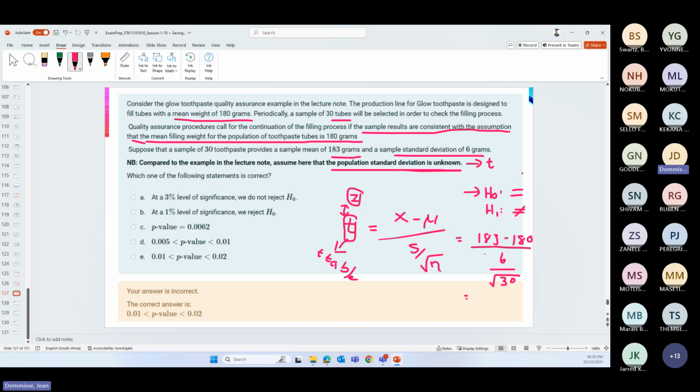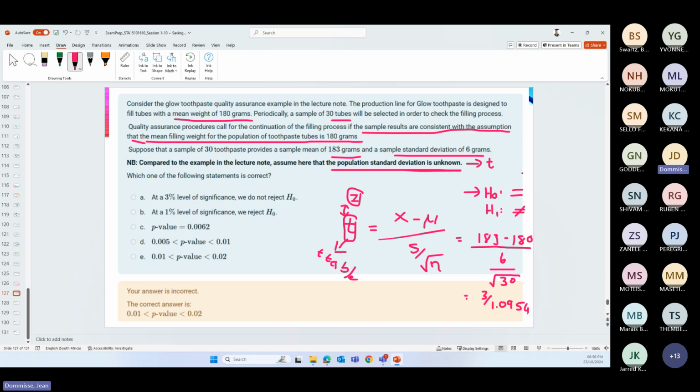So 183 minus 180 is 3, and we divide that by 6 divided by the square root of 50. That is now going to give us some decimals.